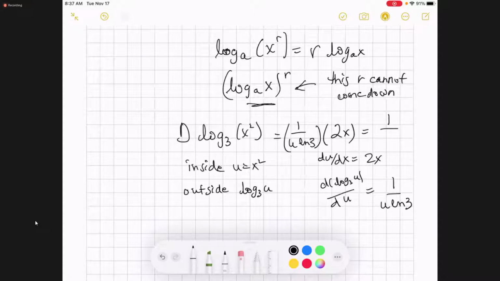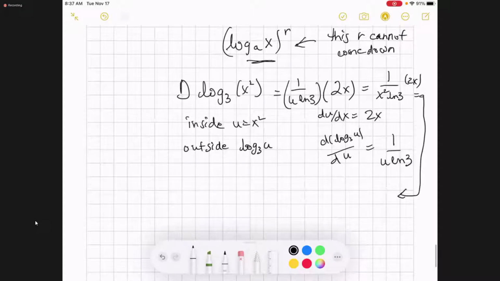So it's 1 over x squared ln 3 times 2x, which you can simplify to 2 over ln 3 times 1 over x. Okay.